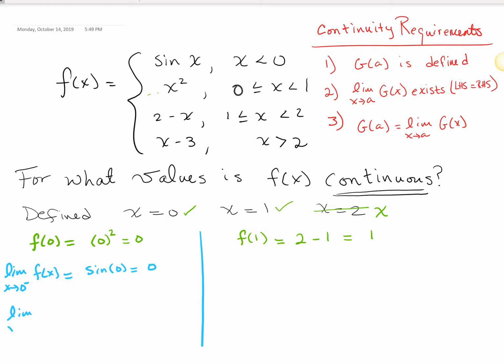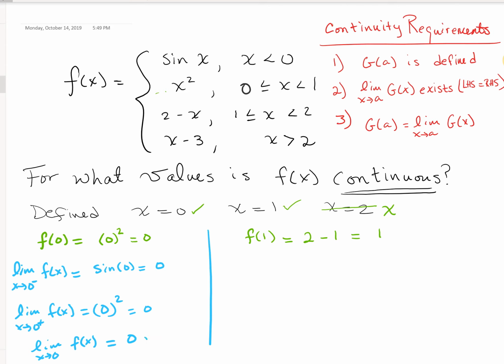Then we check the limit as x approaches 0 from the right of f of x, and that is this 0 squared, which is the second function there, so that's 0. So the limit in general as x approaches 0 of f of x happens to be 0. So this right here matches that right there. Well, it's actually this, I'm sorry. It actually matches this. Okay, so this is continuous.